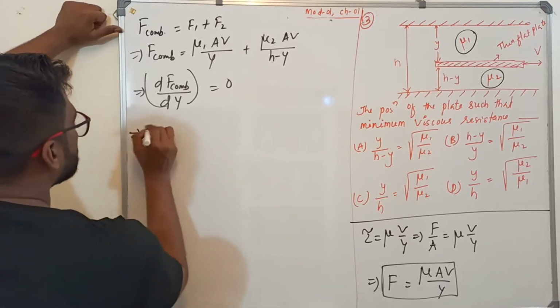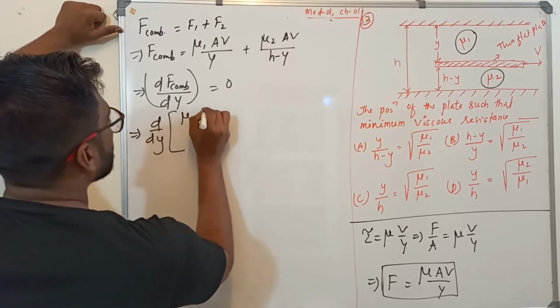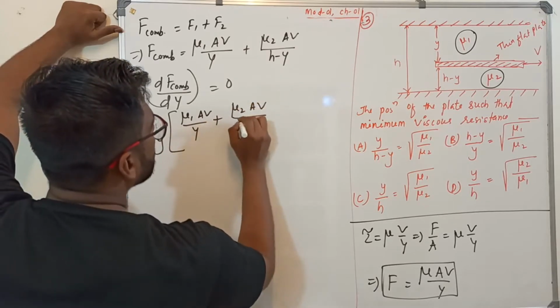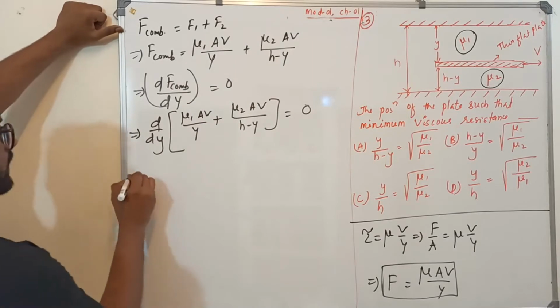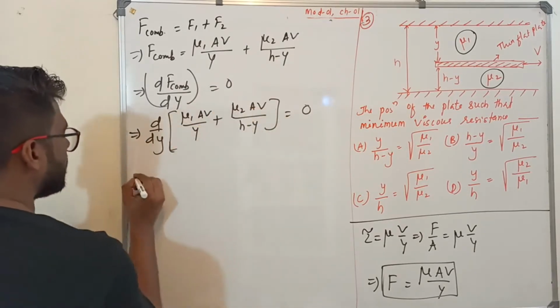That means d by dy of mu1 A V by y plus mu2 A V by h minus y is equal to 0. Now pay a little attention to how I am doing it. A V is constant, take it out.